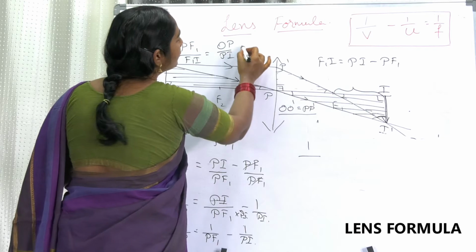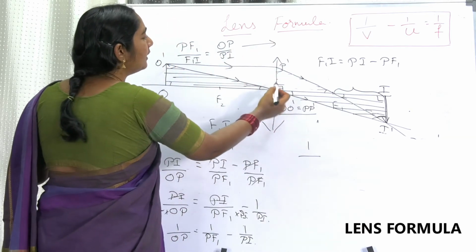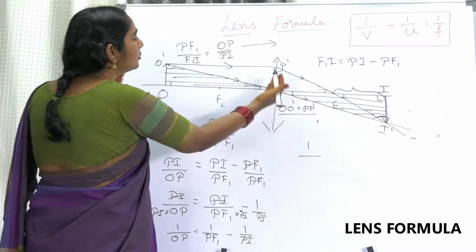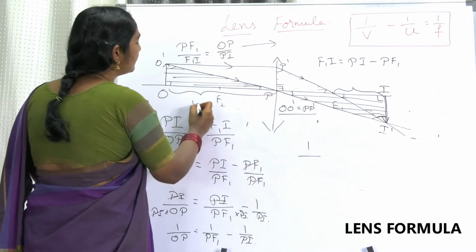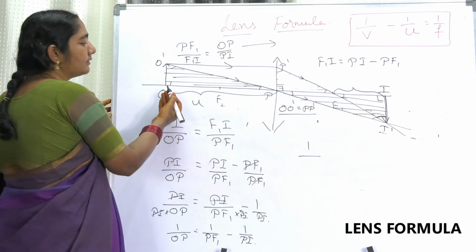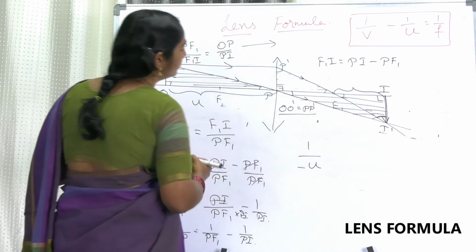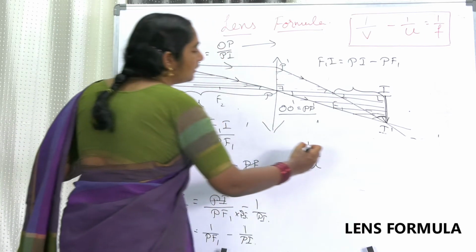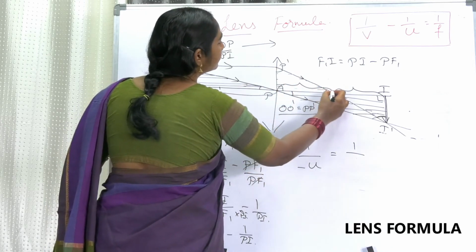This is the direction of light. Light is going like this. So any measurement must be done from the optical center. So when you are measuring the object distance, your pen is moving like this. So OP must be taken as minus U, right, is equal to 1 by, this is a focal length.